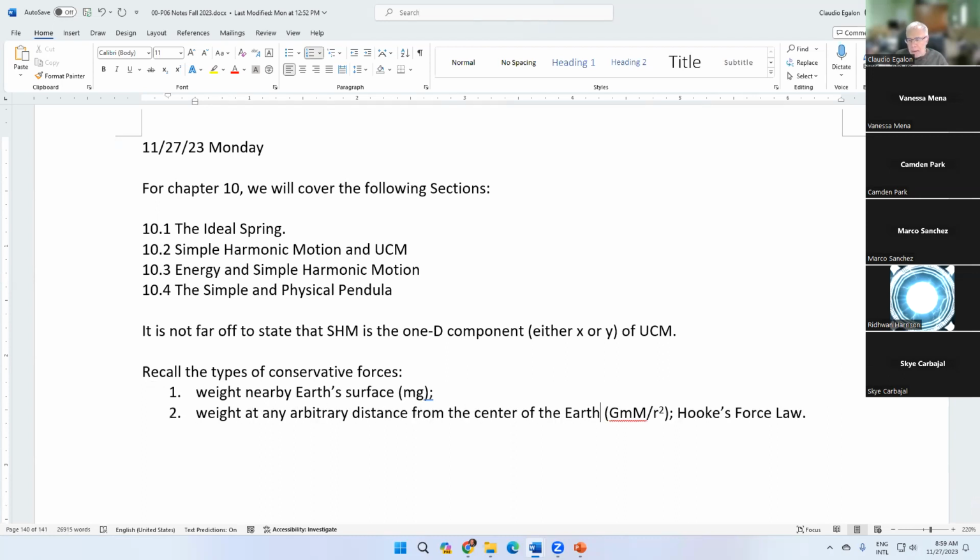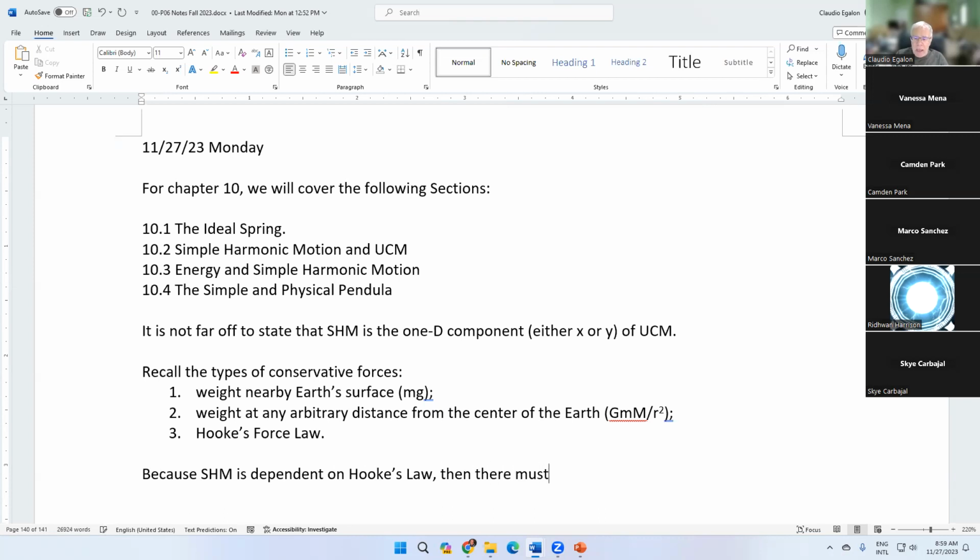There are more, but those are the three that you must know by heart. Because simple harmonic motion is dependent on Hooke's law, then there must be a potential energy for this type of motion.